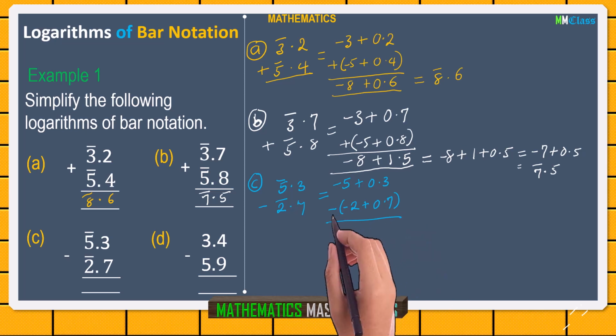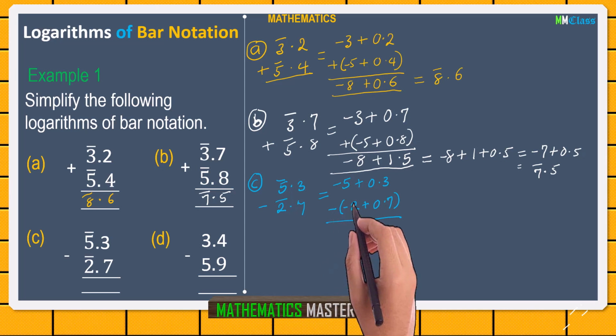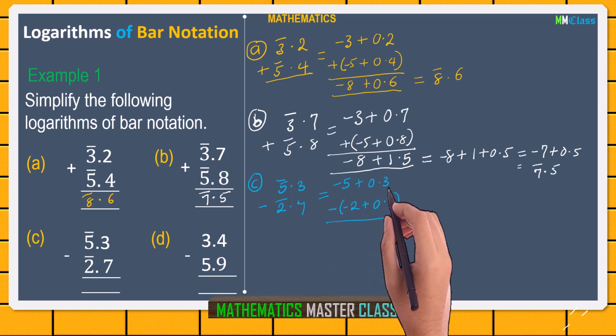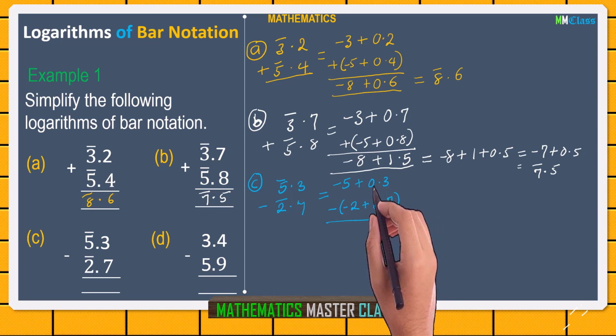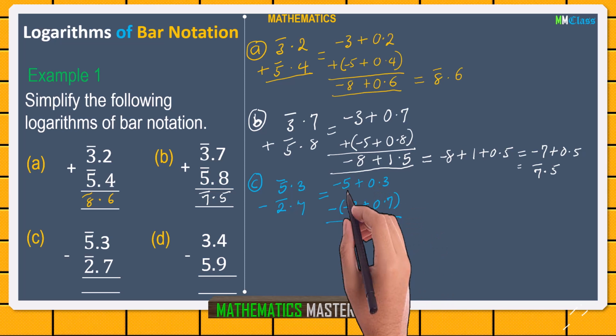So we are going to perform our operation. Remember, you are doing the operation based on what you have outside the bracket. So we are going to say 0.3 minus 0.7. You know, it's not possible because 0.7 is bigger than 0.3. So you have to borrow 1 from here. And borrowing means subtraction of 1. Take note of that.